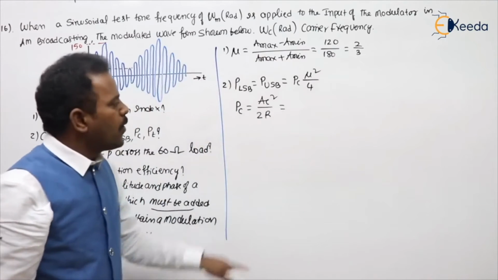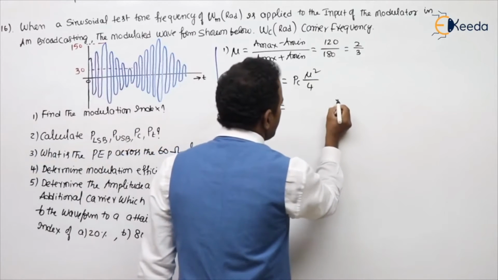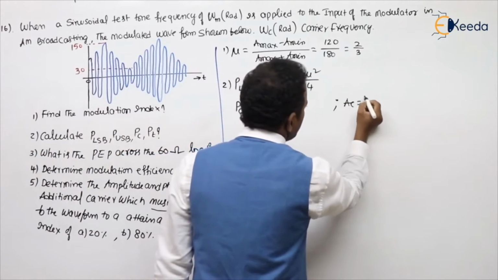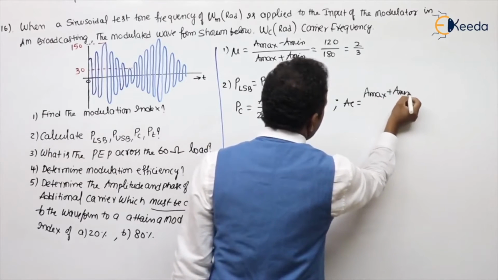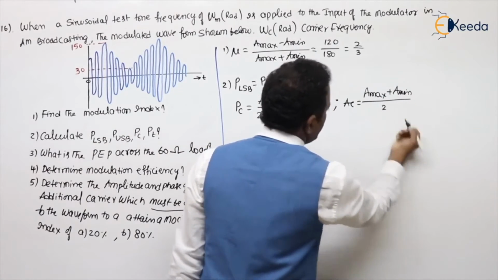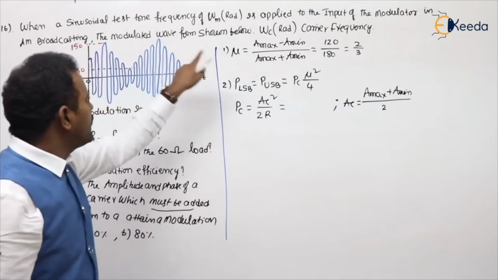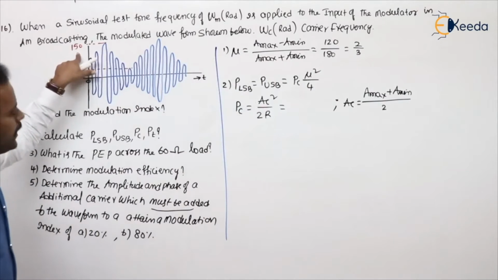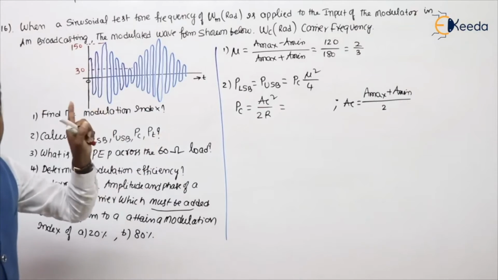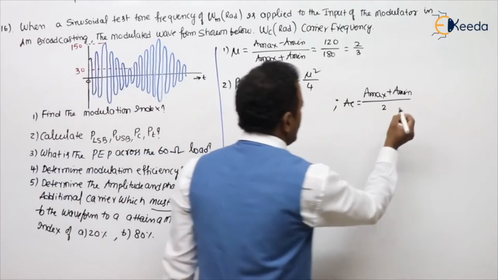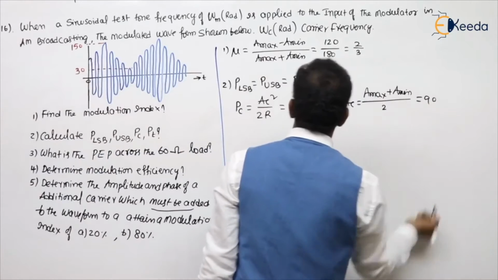It is not directly given. The AC formula is A max plus A minimum divided by 2. A max is 150, A minimum 30. 150 plus 30 is 180, divided by 2 is 90.